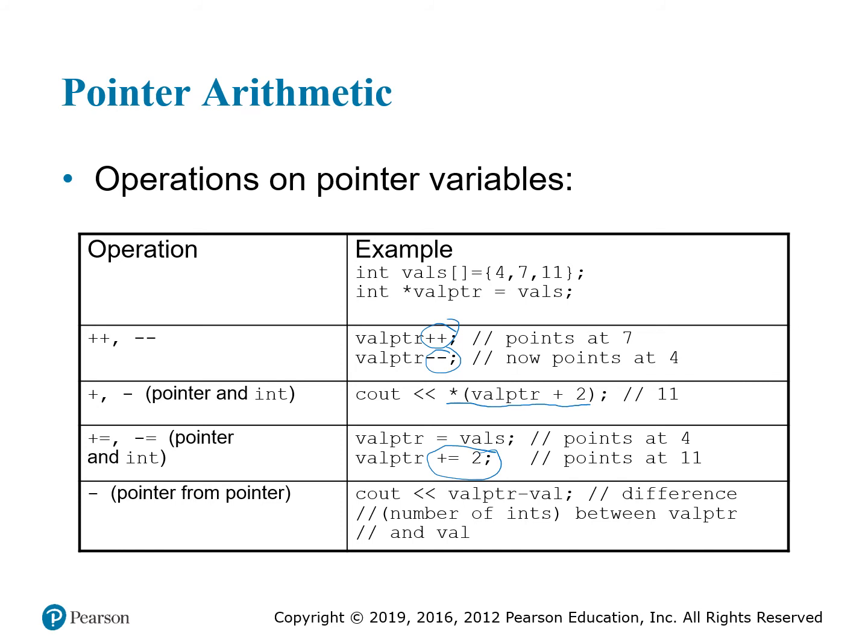You can also minus equal them, of course, to move that many steps backwards. And if you want to know how far you've moved in an array when you find a particular value, for example, you can do valPointer - val. Okay, and this is the number of ints between valPointer and val.